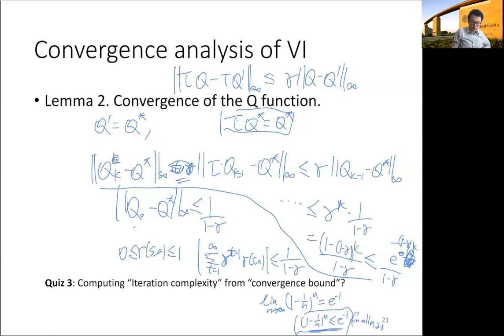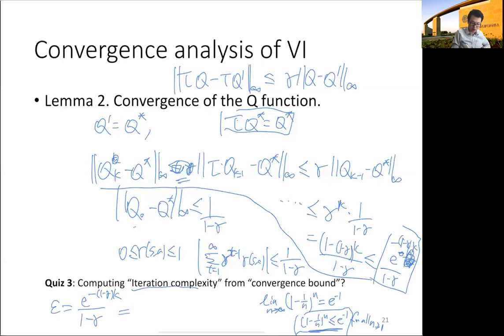All right. So the next thing that I want us to do is how do we convert the convergence bound of this quantity into the iteration complexity. This is really straightforward. You basically set this epsilon to be equal to (1 - γ) e to the power of minus (1 - γ) to the power of k, and then try inverting it.